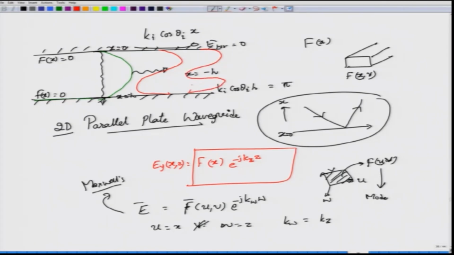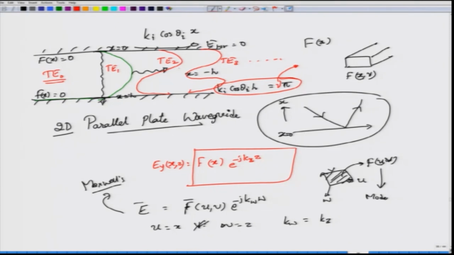These are all different modes of the waveguide. It turns out that the first waveguide mode is TE1, the next waveguide mode is TE2, then you have waveguide mode TE3 and so on. So, TE0 mode does not really exist, and these mode values that I am writing are simply the condition that instead of k_i cos theta_i h being equal to pi, it is equal to some nu pi, where nu is an integer. So, nu equal to 1, nu equal to 2, nu equal to 3, all these correspond to these different modes.